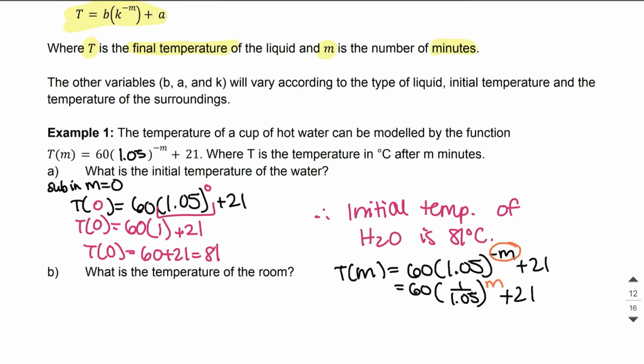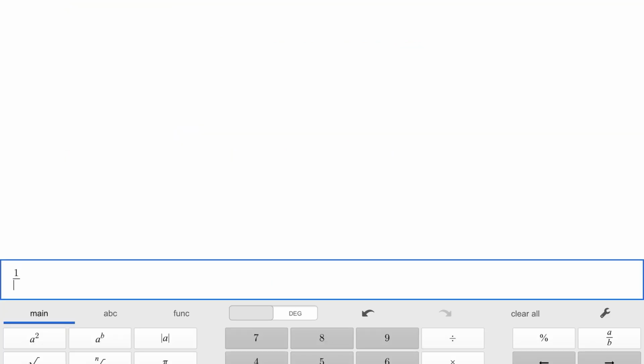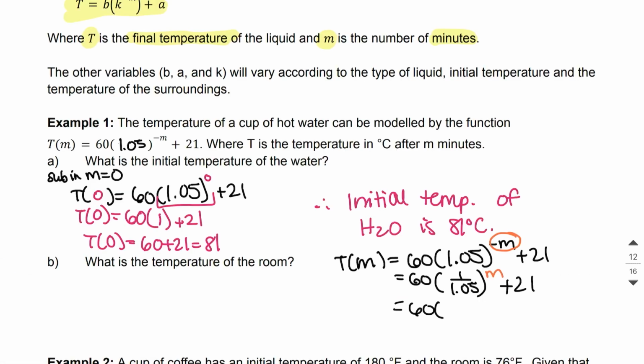So now if I were to calculate this 1 over 1.05, it's about 0.95. So this would be 60 times 0.95, but there's more digits to it, plus 21.